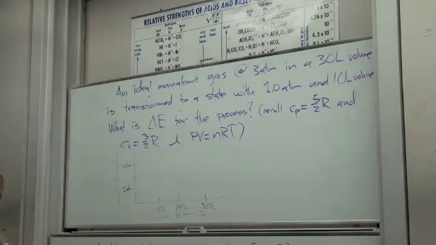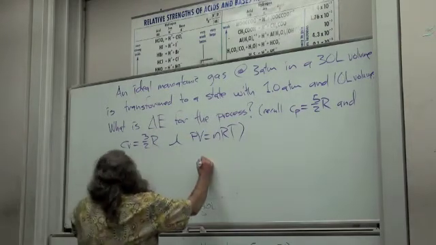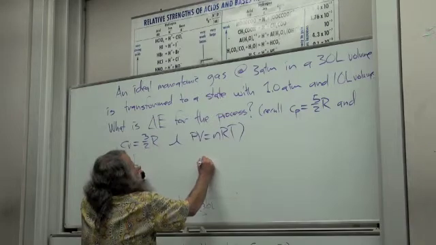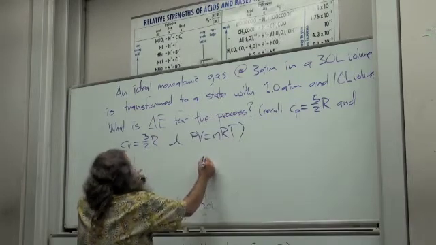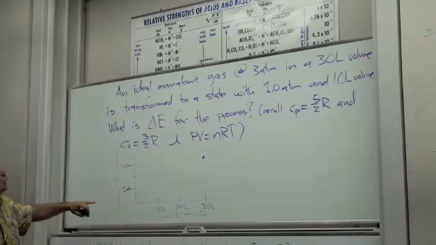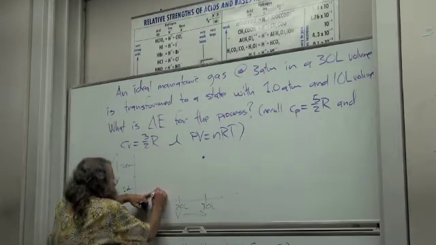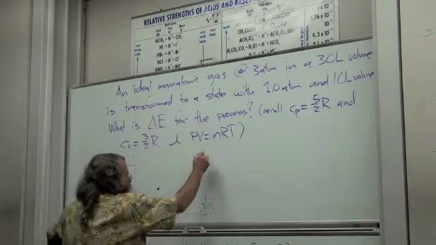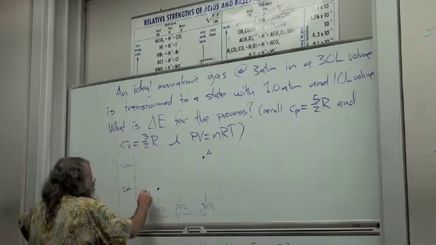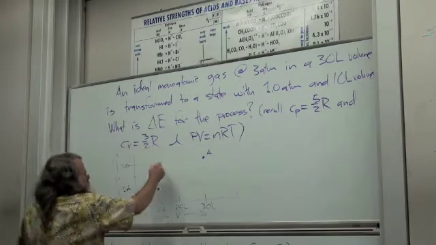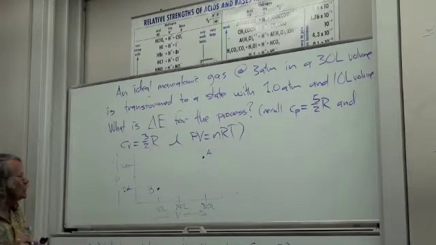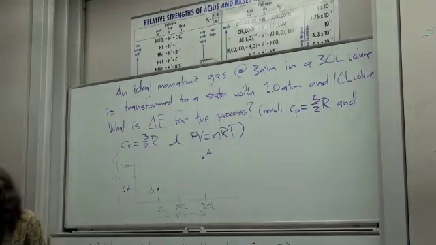So I'm starting out at 3 atmospheres and 30 liters, which would be here, and I want to end up with 1 atmosphere and 10 liters here. So this is A, and this is B. I'm starting here, I want to go there. I can choose any path I like.